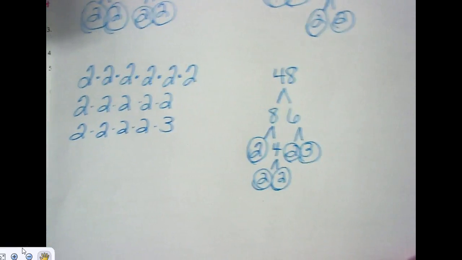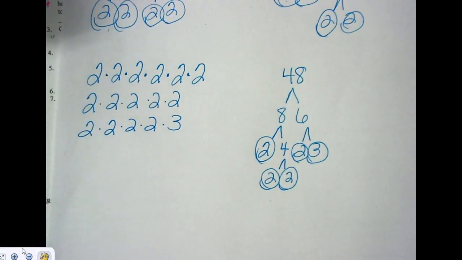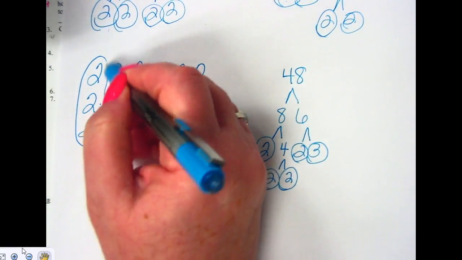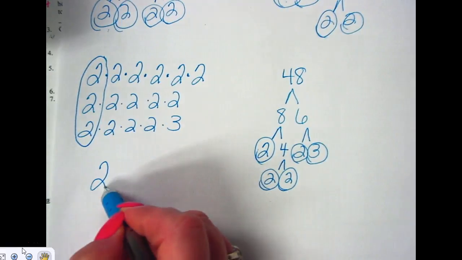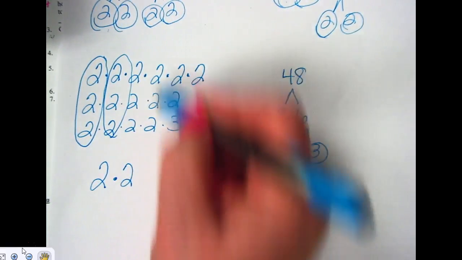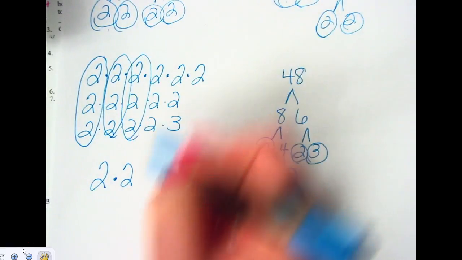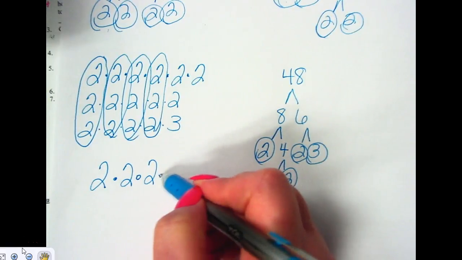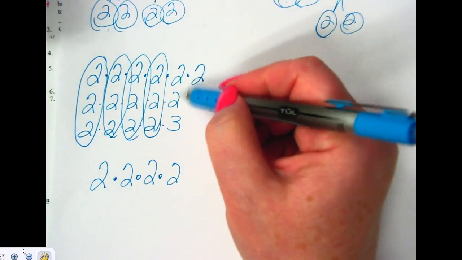Now what's the next step? Find the common factors. So they all have this 2, so list it one time. They all have this 2. They all have this 2. And they all have this 2. Can I use these 2?